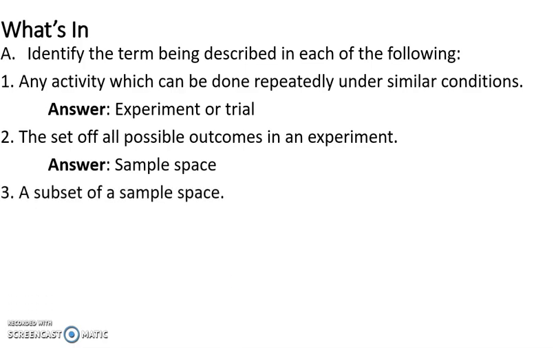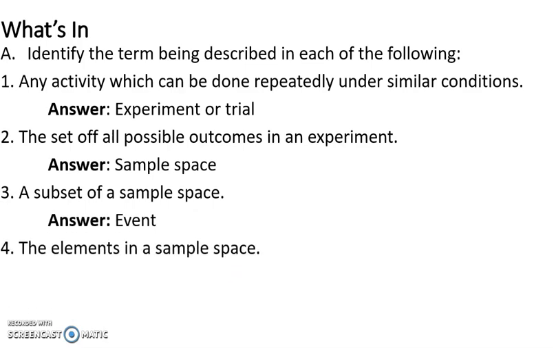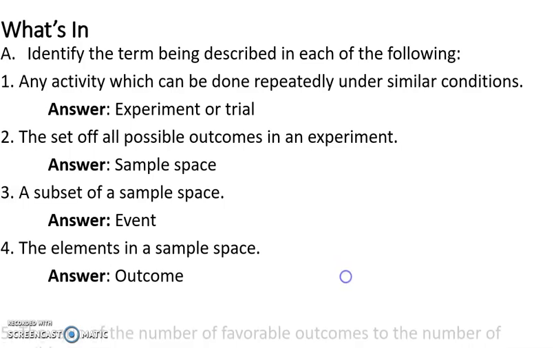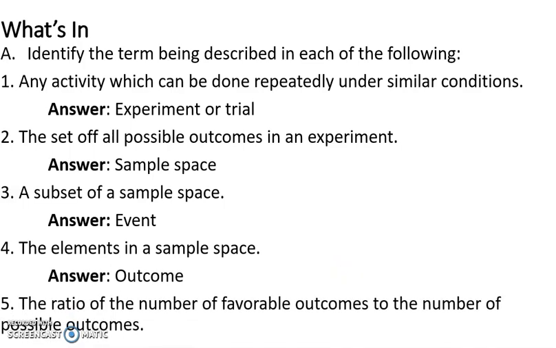A subset of a sample space is called event. The elements in a sample space is called outcome. The ratio of the number of favorable outcomes to the number of possible outcomes is called probability.